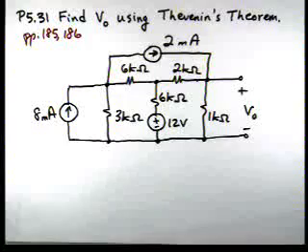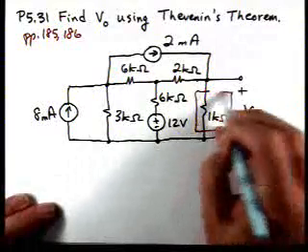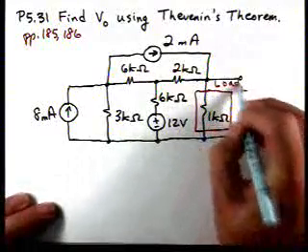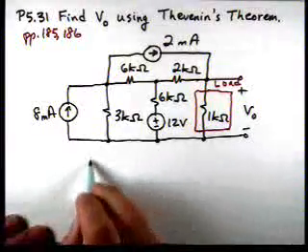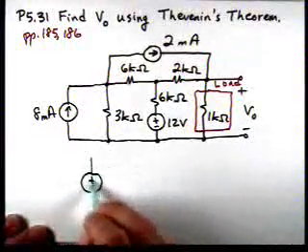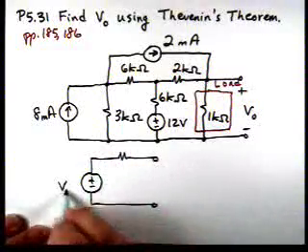So if we're going to find the voltage V0, we're going to consider the 1 kilo ohm resistor as our load. We're going to find the Thevenin equivalent circuit, which will be the following.